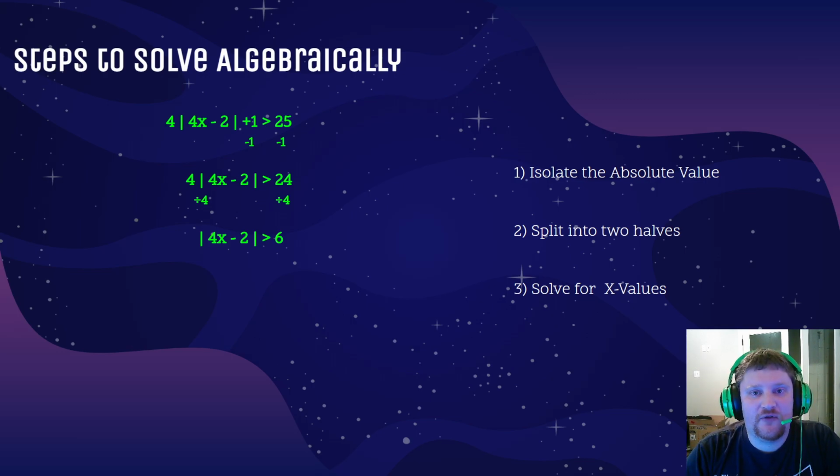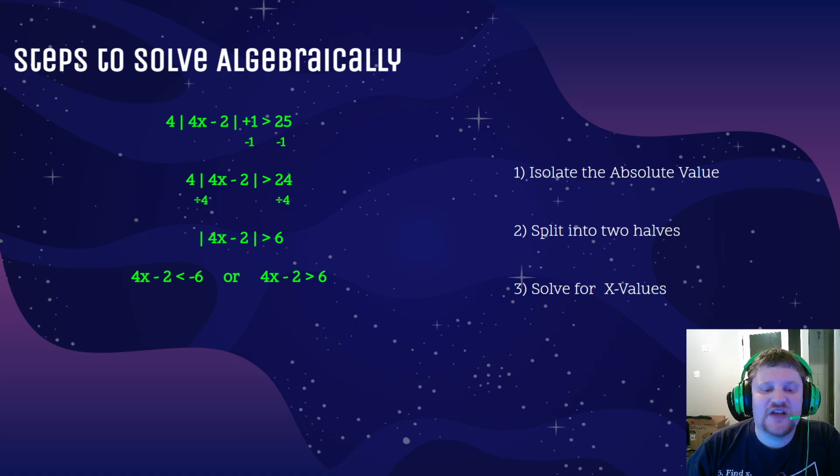Be very careful here though. When I take this 6 and split the problem in 2, notice what happened to that greater than sign. On the side that became a -6, that greater than sign became a less than sign.